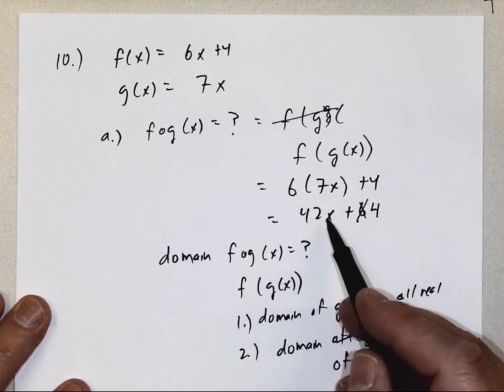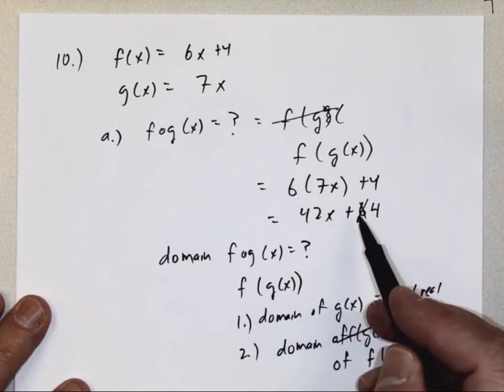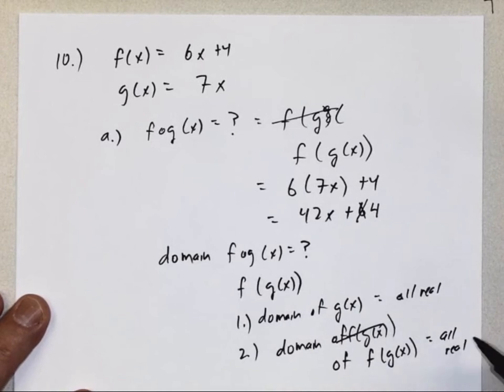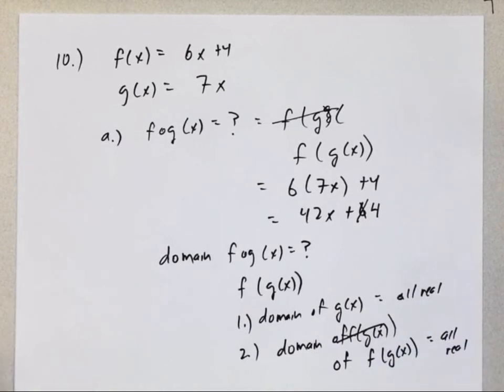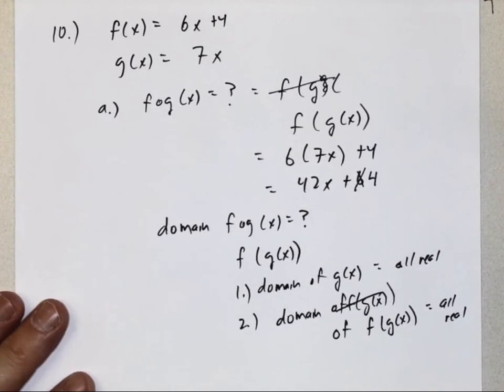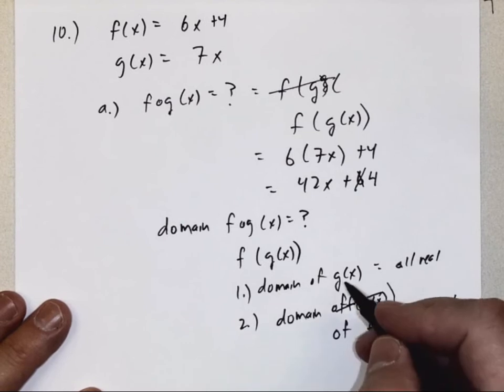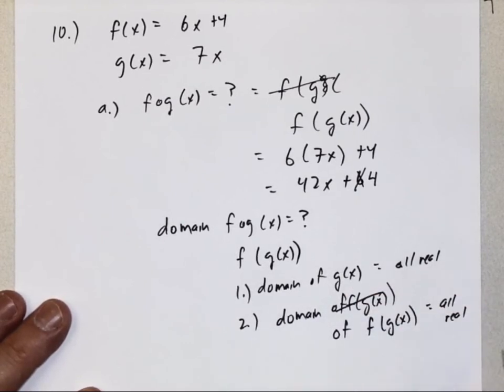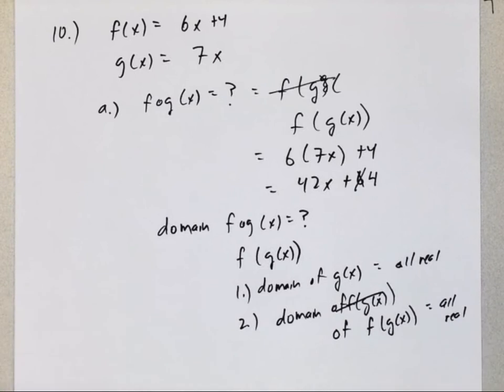My answer was 42x plus 4. The domain of my answer is all real. So when I take the intersection of these, obviously, it's all real. So you have to take the domain of the inside function and then the domain of your answer, and you intersect those together.